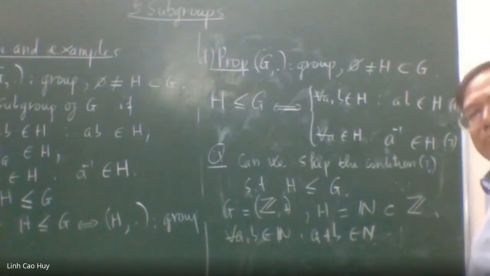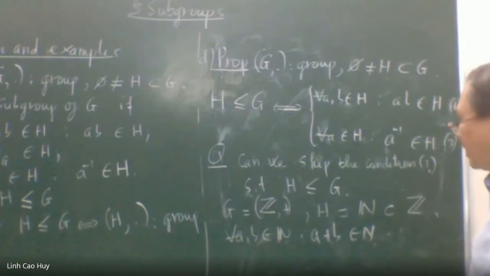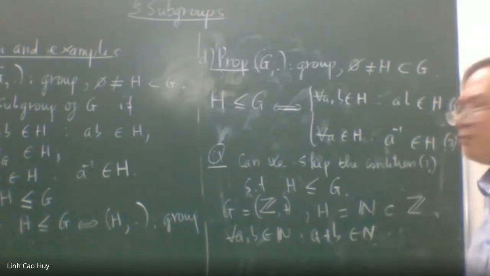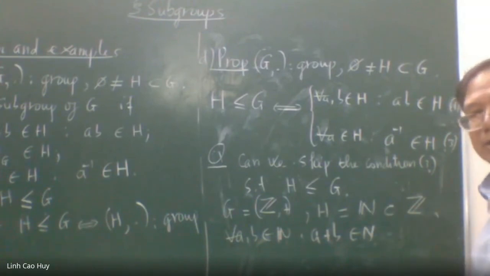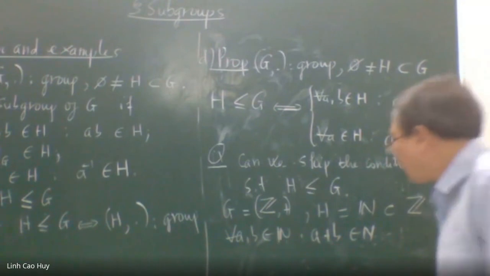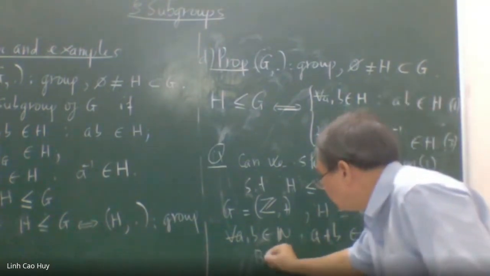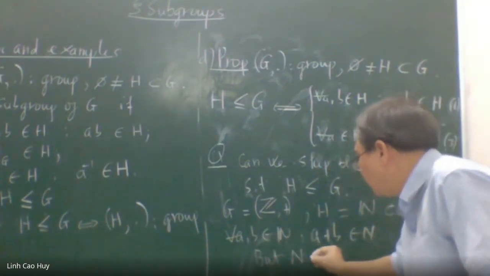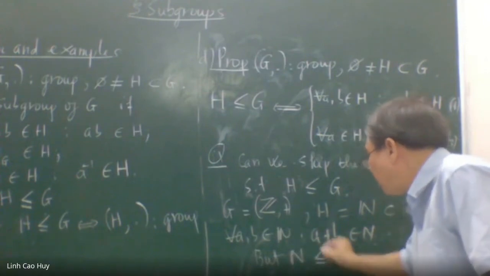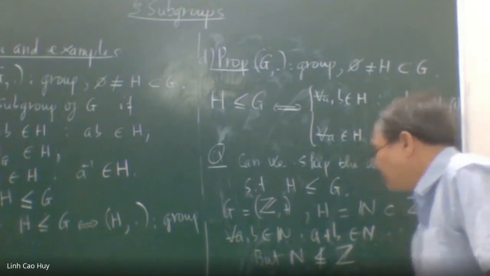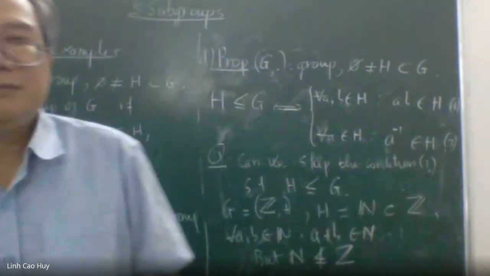Thầy đã có 2 thuộc N nhưng mà trừ 2 lại không thuộc N. Yeah, exactly. Nhưng mà đấy phải là nhóm con. Bởi vì ví dụ như phần tử 2 thuộc N nhưng mà trừ 2, đối của nó, không thuộc N, chứng tỏ rằng N is not a subgroup of G. Okay, very good, good job.